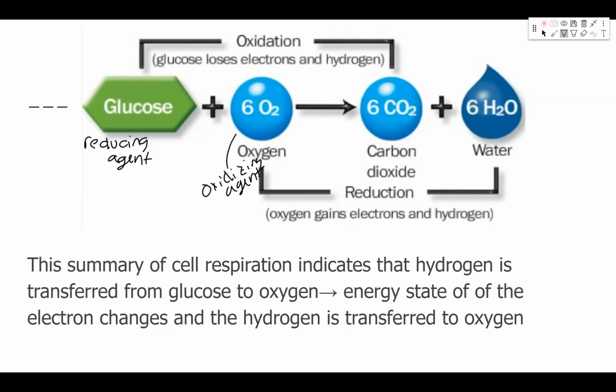But the hydrogens are going to follow, because our hydrogens are going to go from glucose. Remember, our glucose is C6H12O6, and we have 6 C's and 6 O's, but those 12 hydrogens got to go somewhere, and they're going to go to the water, which is that oxygen. So we can kind of trace where those electrons are based on where the hydrogens are.